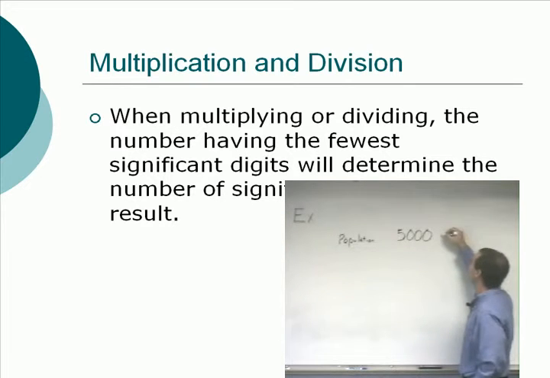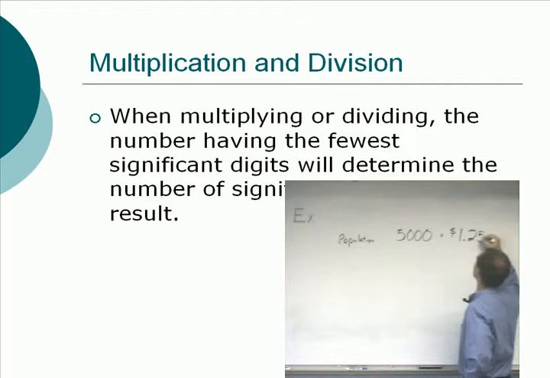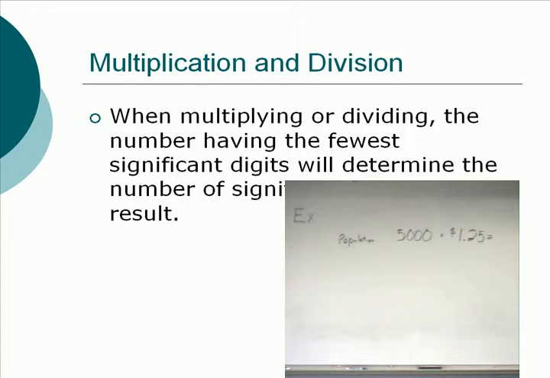So we're going to take our 5,000 people and multiply this by $1.25. Each person has to cough up $1.25 to live in a city where the curbs are neatly painted. How much money is that going to generate for the city here?